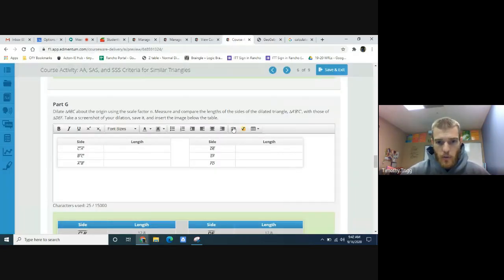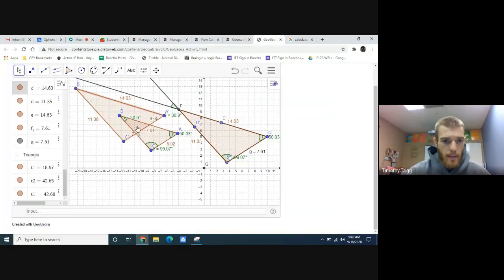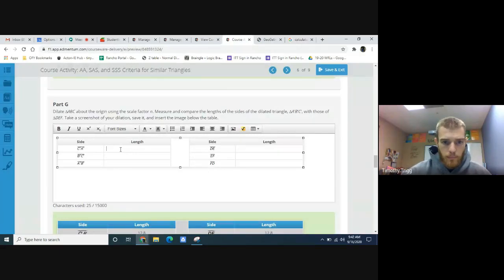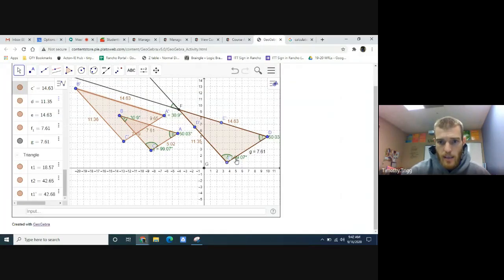And you'd put those values in here. So in this case, it says C prime, A prime. That's this one here. So that's 7.61. And over here where it says DE, which one's that? DE is also 7.61.